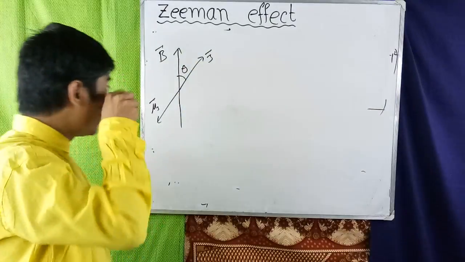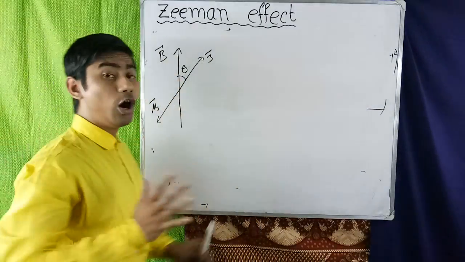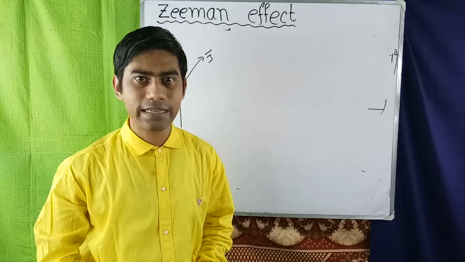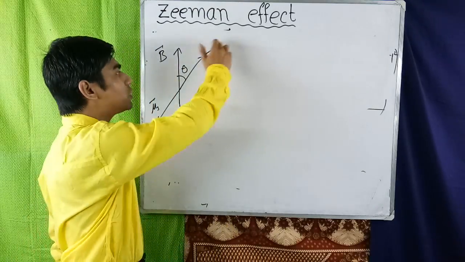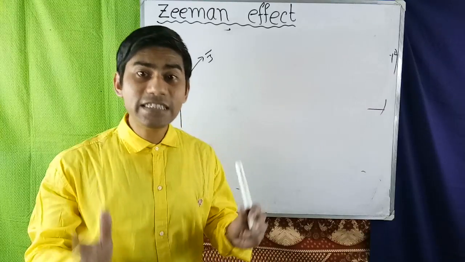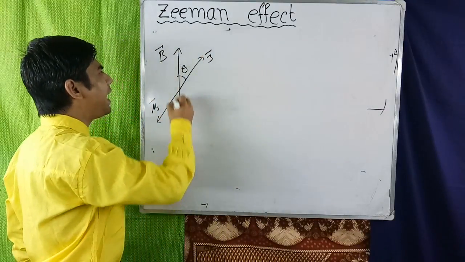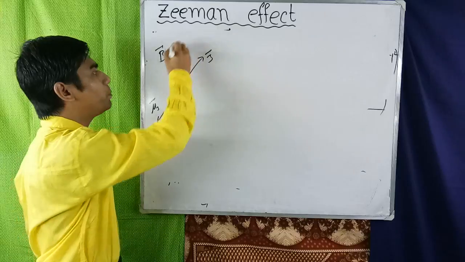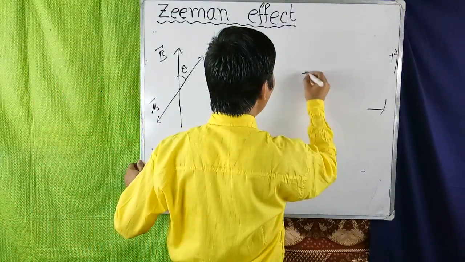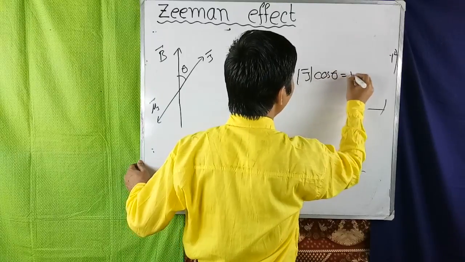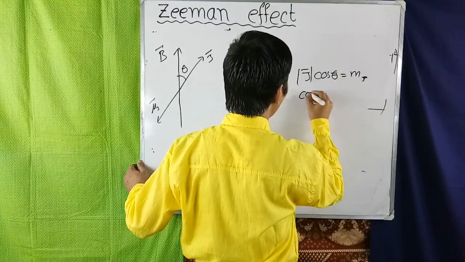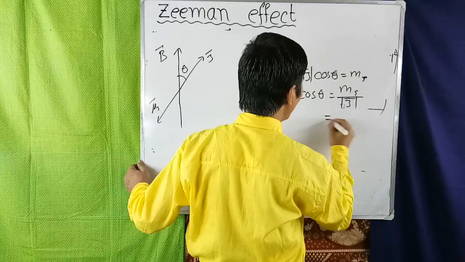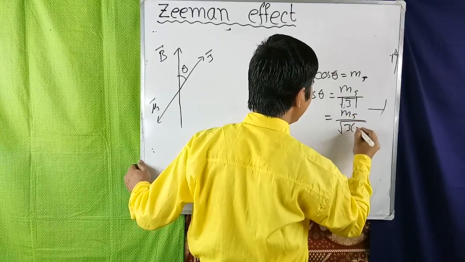Now when a magnetic field B of relatively low value is applied to the atom, the spin orbit coupling persists, and L and S combine to produce J, and J takes up a discrete orientation, being inclined at such an angle theta with B that the component of J in the direction of B is quantized as modulus of J cos theta equals m j, or cos theta equals m j by modulus of J, equals m j by root over J into J plus 1.